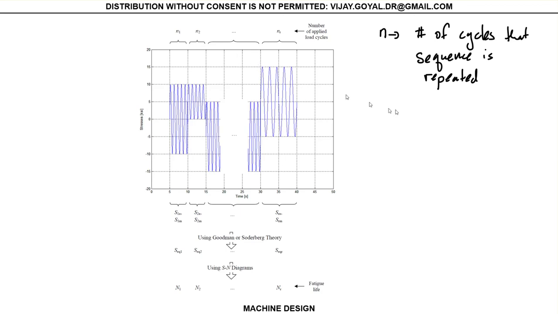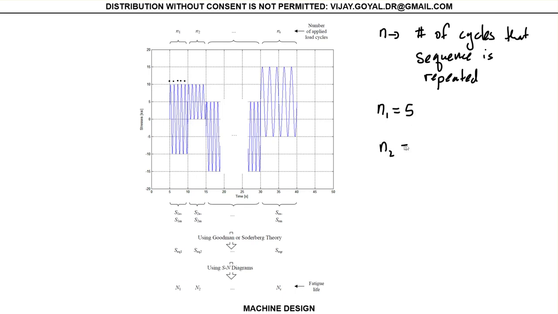In this example, let's say n1 is equal to, from this plot, you count how many times the cycle repeats. So it's 1, 2, 3, 4, 5 times. So this cycle repeats 5 times. So small n will be 5.